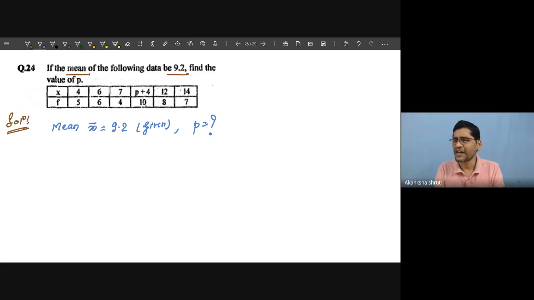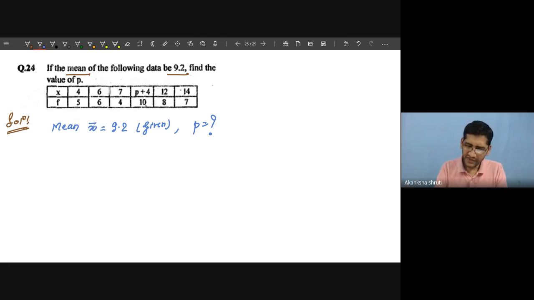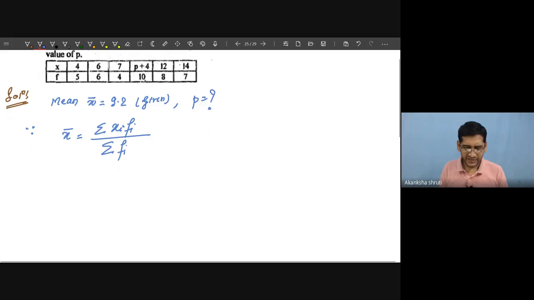The formula for getting the mean is like this: mean x bar is obtained by summation of fi xi divided by summation of fi. This is the basic definition of mean. So first we need to convert this table into fi xi, and also calculate the summation of fi.